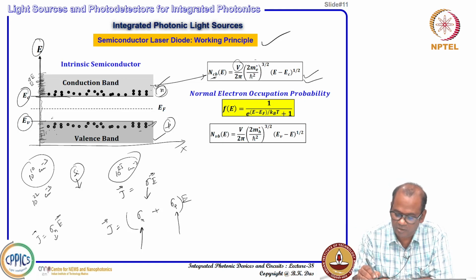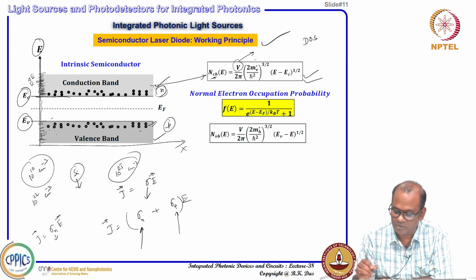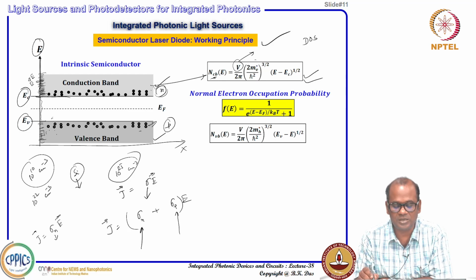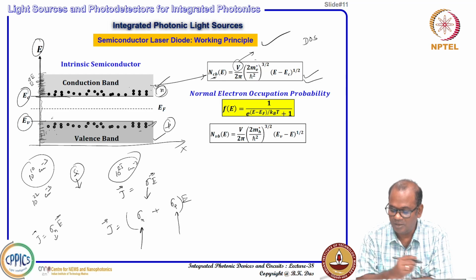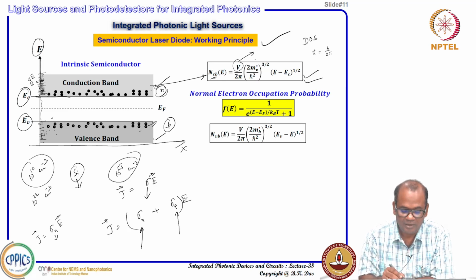If you remove this volume, that means per unit volume, we get the normalized density of states, and we call it the density of states. Me star is the effective mass of the electron in the conduction band, h bar is the reduced Planck constant, nothing but h by 2 pi, and the factor is the square root of E minus Ec. So, that means as you increase the energy, the number of energy levels will increase.